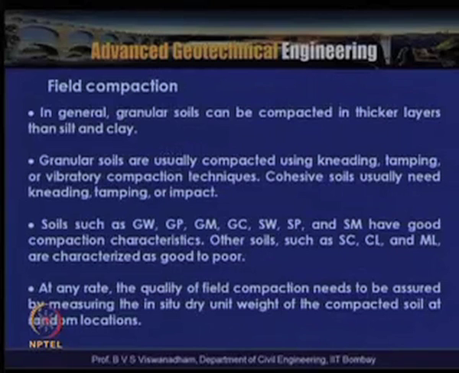As per our previous discussion in the lectures, we have classified the soils. Soils such as GW and GP, that is well graded gravels and poorly graded gravels, GM and GC, silty gravel and clayey gravel, and SW, SP and SM, well graded sand, poorly graded sand and silty sand, have good compaction characteristics.